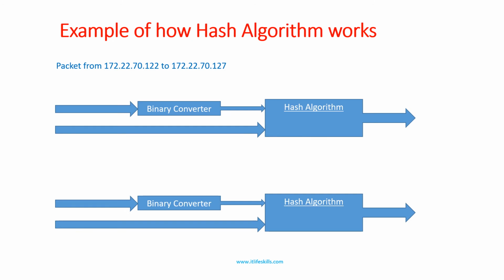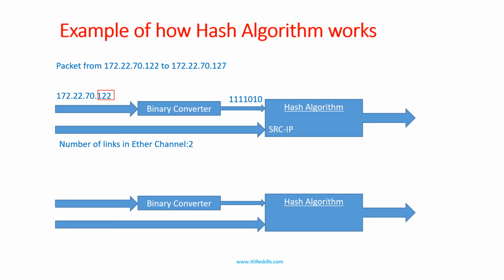So let's go into the first case. We use the source IP address as the load balancing method. So it means this will be used to analyze. In this case, we need to convert 122 into binary, and we have this binary string.